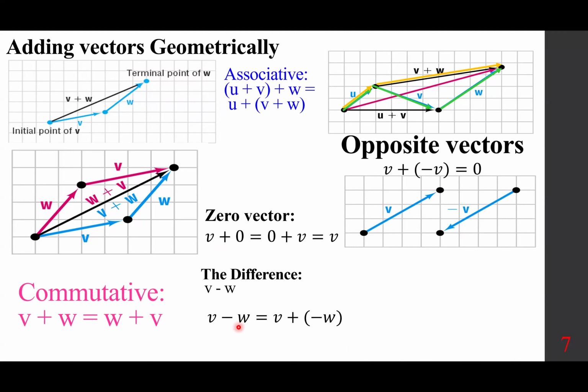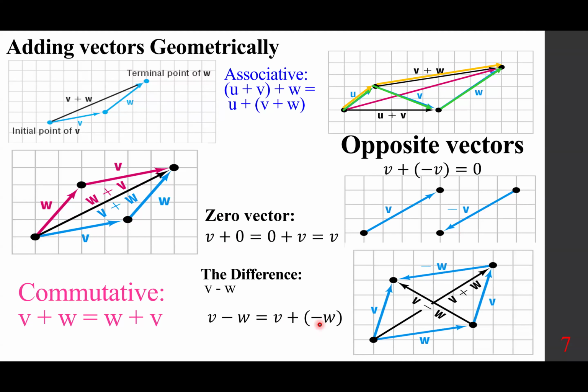The difference, V minus W, is V plus the opposite of W. So here's V, here's W. Here's V minus W. Here's V plus W. Okay.